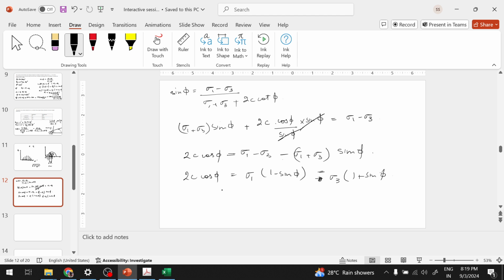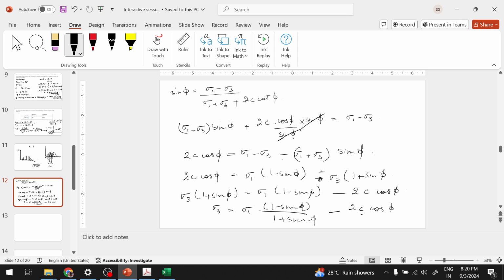So what we write is sigma 3 (1 plus sine phi) equals sigma 1 (1 minus sine phi) minus 2c cos phi, and sigma 3 is equivalent to sigma 1 (1 minus sine phi) over (1 plus sine phi) minus 2c cos phi over (1 plus sine phi).